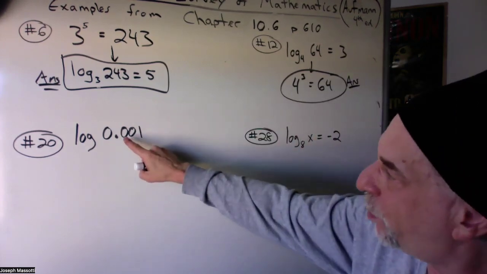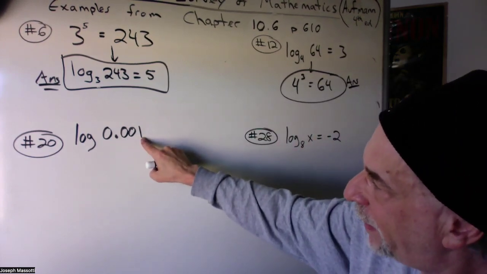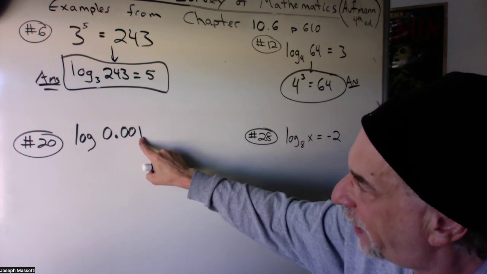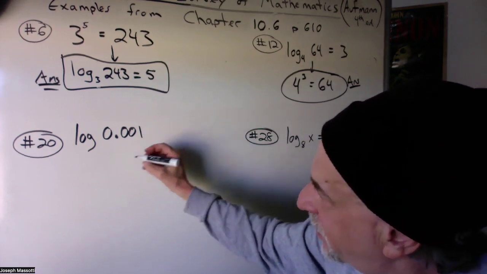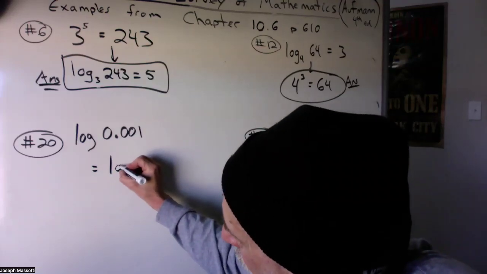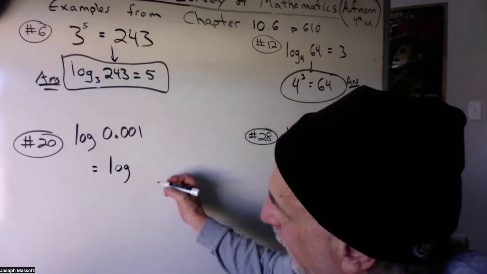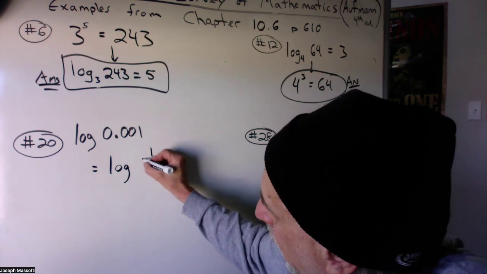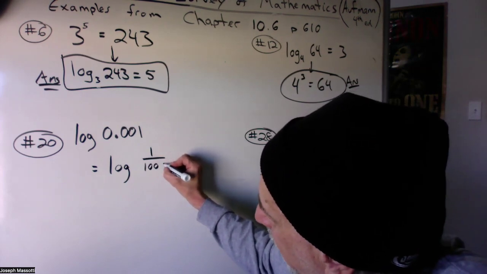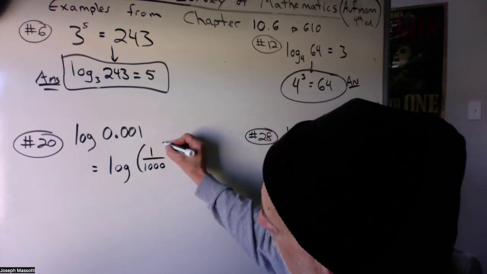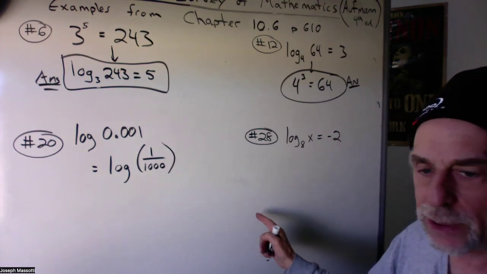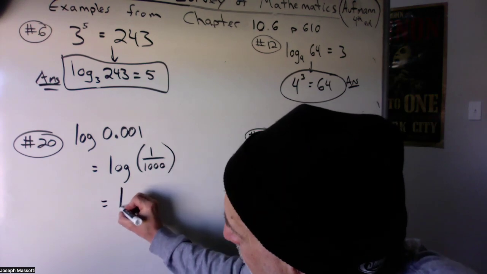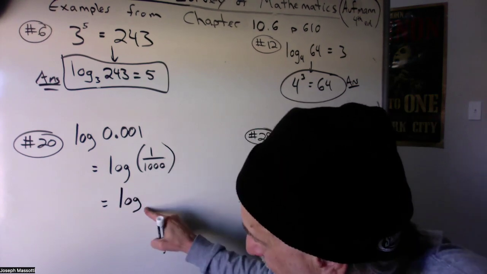So that's what we're going to do here. We're going to realize that 0.001 is 1 over 1,000. This is tenths, hundredths, thousandths. So we can write this as log, and we know it's base 10, of 1/1000th. Well, it's base 10.